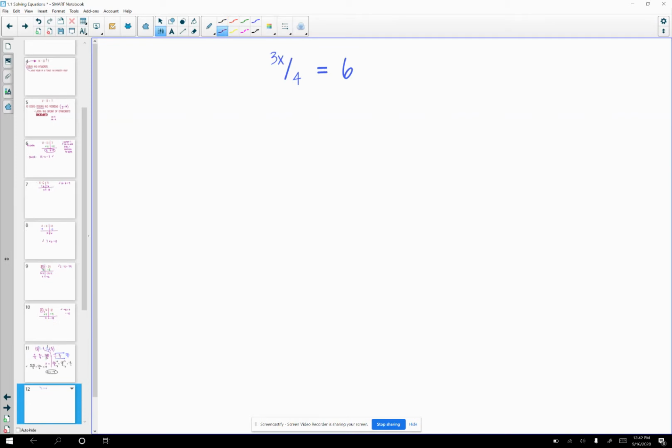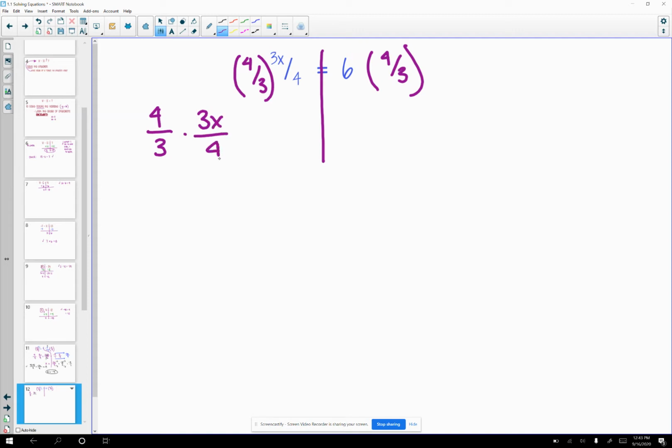I'm going to multiply by the reciprocal of 3/4, which is 4/3, on both sides. On the left side of my fraction, I know it's going to cancel out, but just so you can see my work, I'm doing 4 over 3 times 3x over 4, which is going to be 12x over 12, or just x.